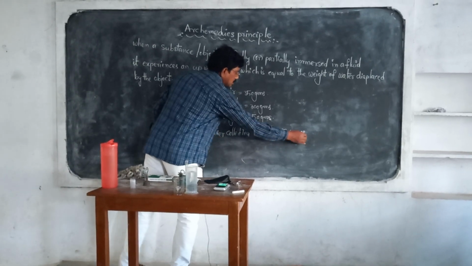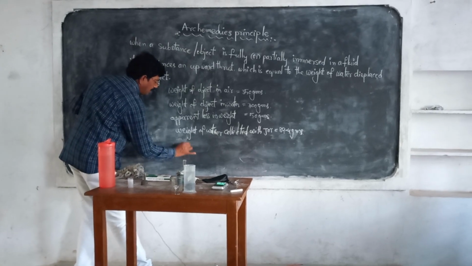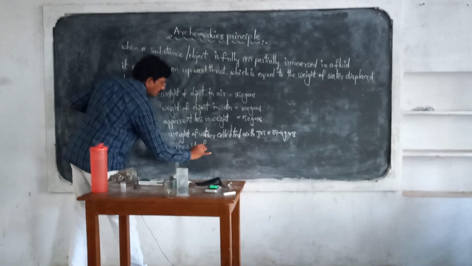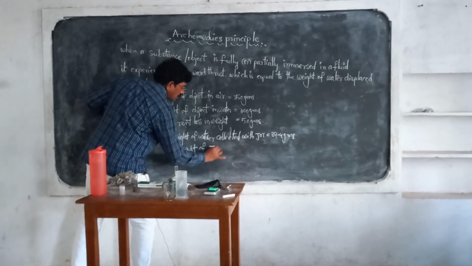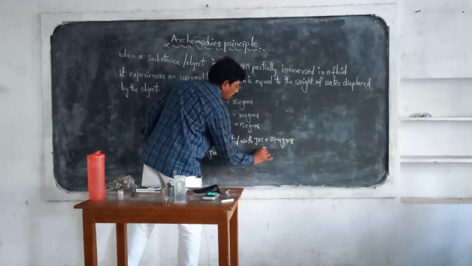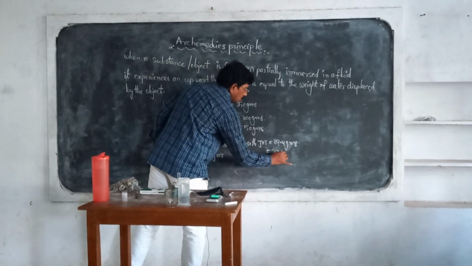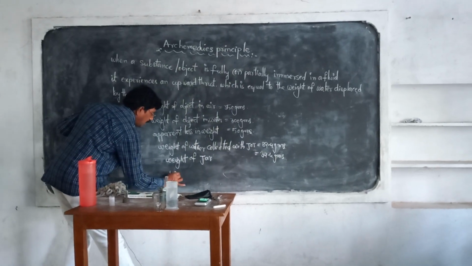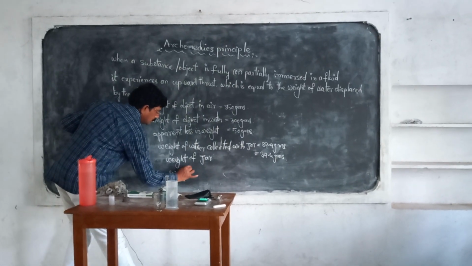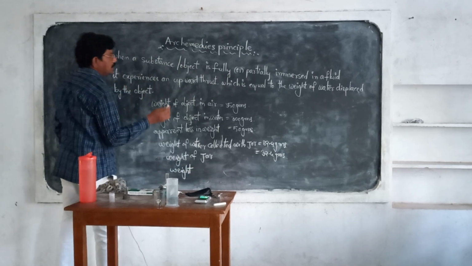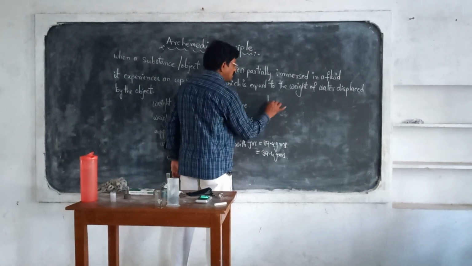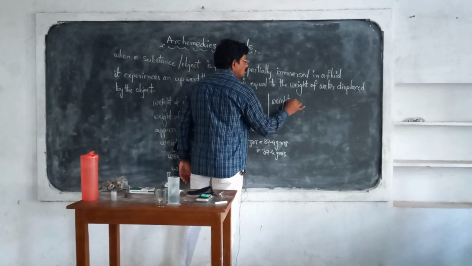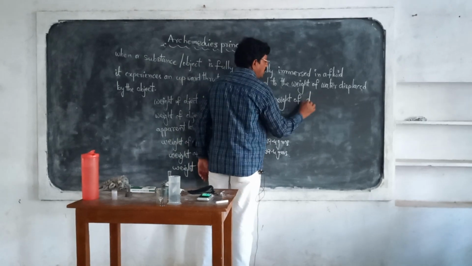Weight of the beaker: something like 39.4. Weight of displaced water.